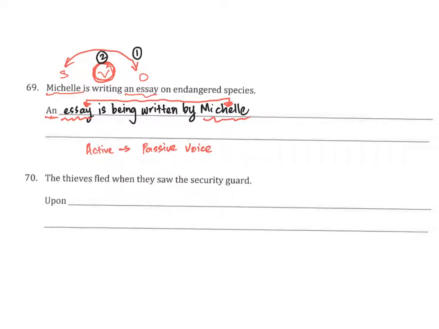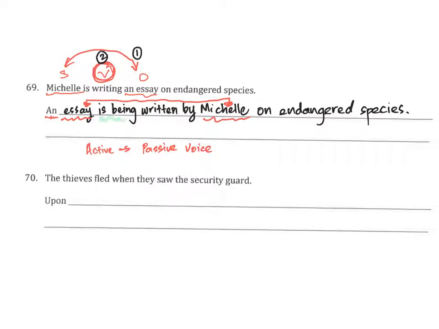What is the subject of the essay? On endangered species. Now, be very careful here because many students get very excited that they have successfully switched the places of the subject and the object, and they've successfully changed the verb. Okay, so that's a great achievement.